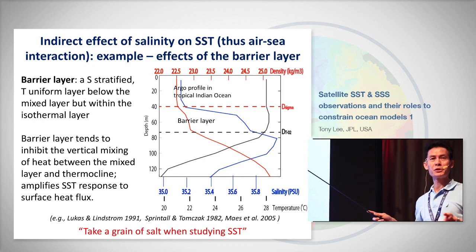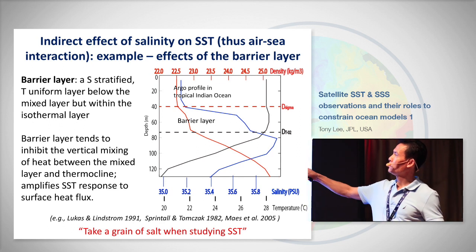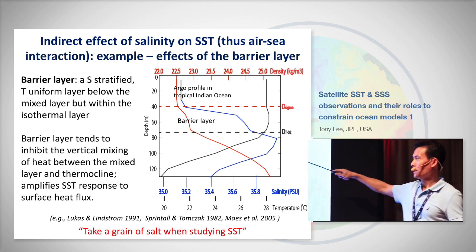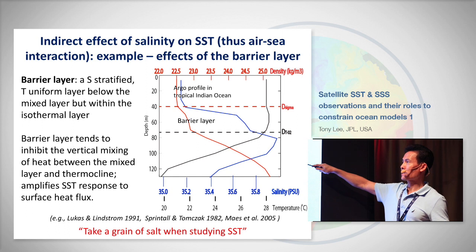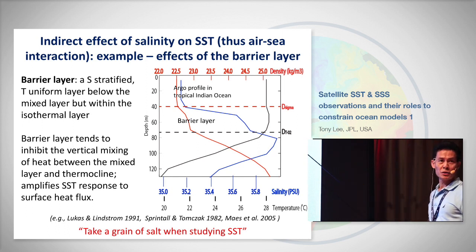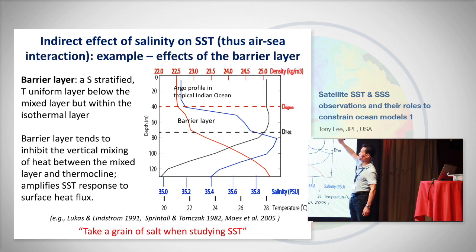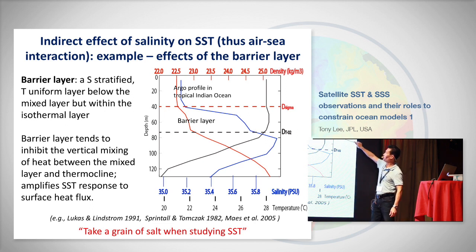In a lot of tropical regions, where there's a lot of rain, or river plume regions, where you have fresh salinity, there's actually a salinity stratified layer that has no temperature stratification, and therefore the mixed layer depth is more determined by the salinity stratification rather than the temperature stratification. The isothermal layer determined by the temperature profile will be deeper than the mixed layer determined by the uniform salinity layer. And in between is what's called the barrier layer.